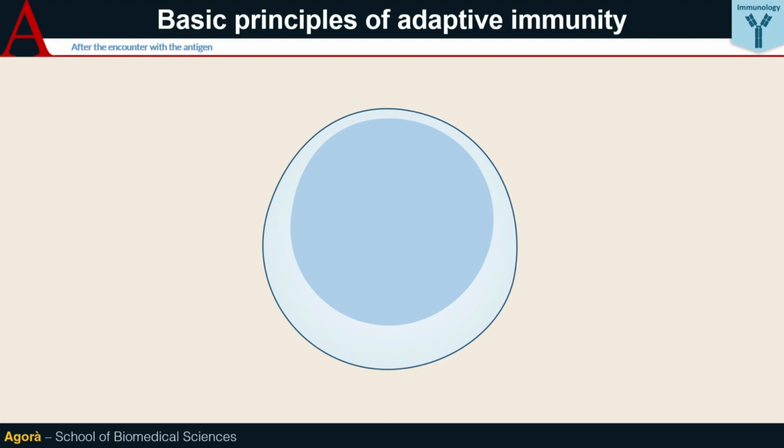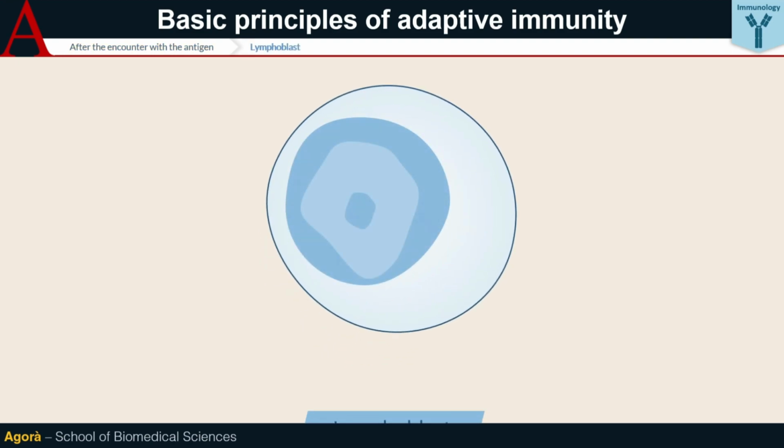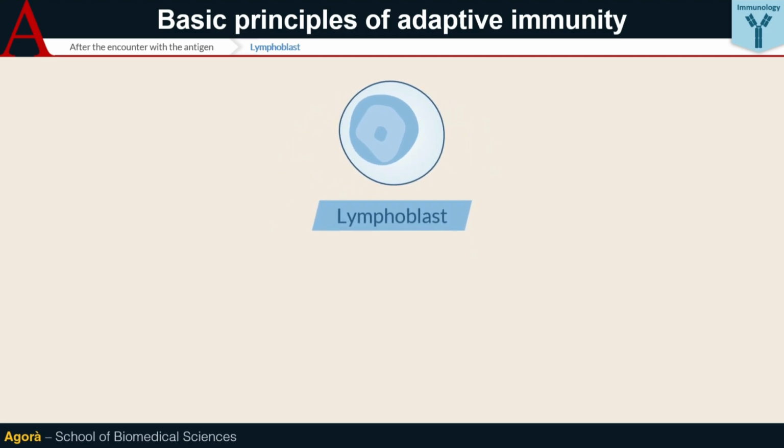In order to do so, it becomes a lymphoblast, that is a very voluminous lymphocyte with an intense nuclear and cytoplasmic volume and large amounts of mRNA and proteins. Be aware that the term lymphoblast is often also used to refer to one of the intermediates of lymphocyte maturation in the bone marrow.